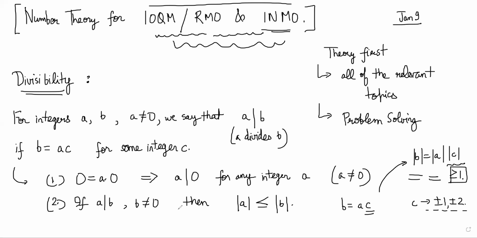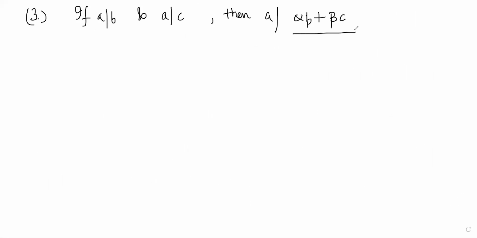Let's look at some more properties. The third one that we look at is: if a divides b and a divides c, then a will divide some linear combination of b and c, alpha b plus beta c, where alpha and beta are any integers.